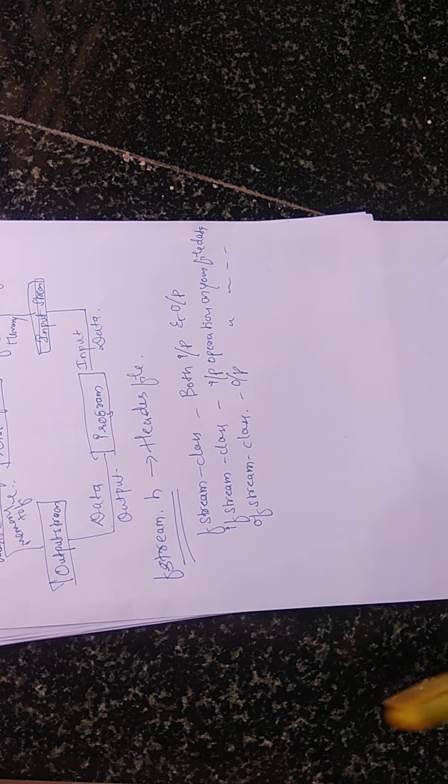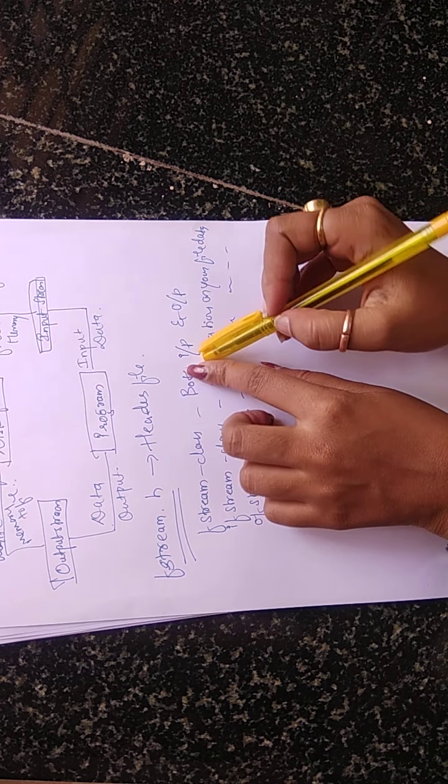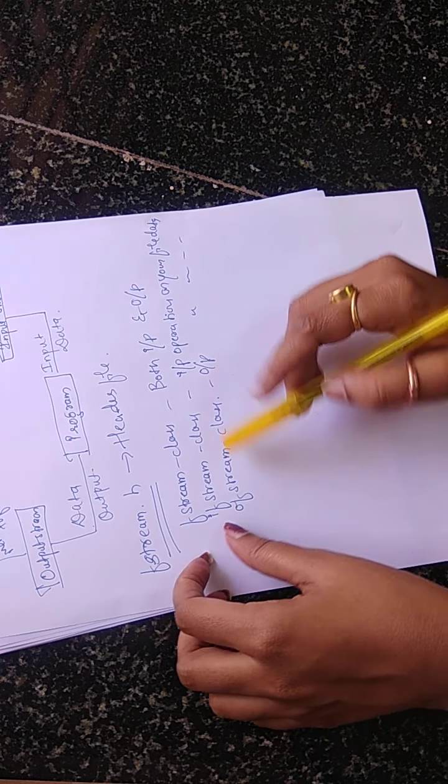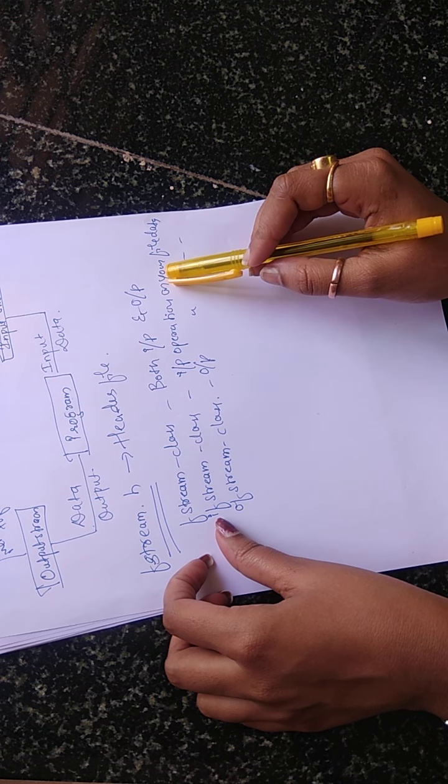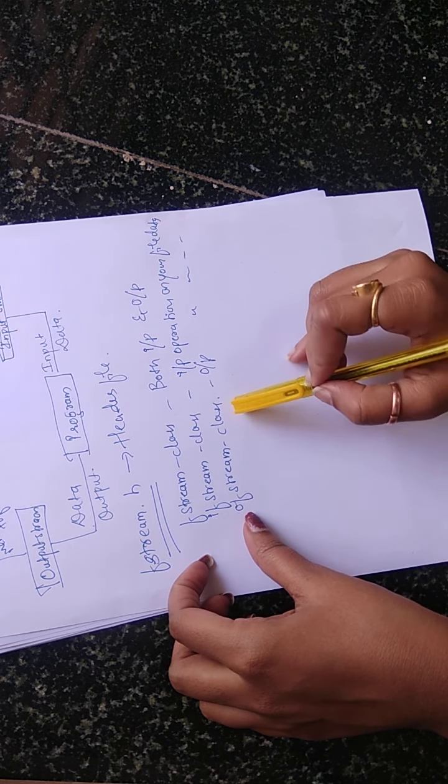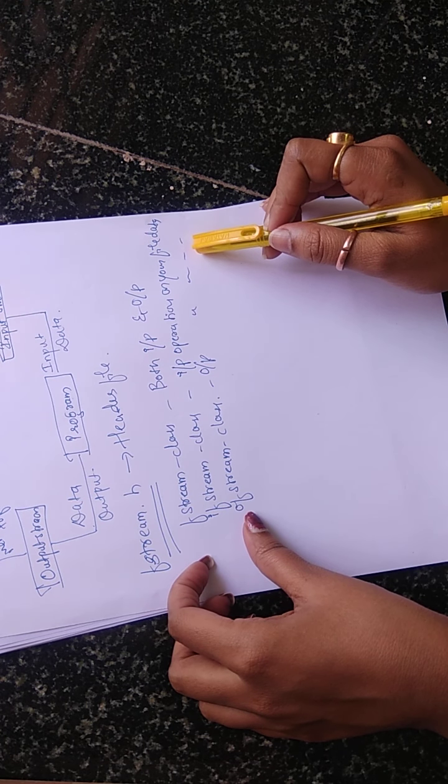Right? So here fstream will act like a base class, where ifstream and ofstream are part of fstream, meaning the derived classes of fstream. In fstream we can perform both input and output operations, whereas in ifstream only input operations are carried out, and in ofstream only output operations are carried out.